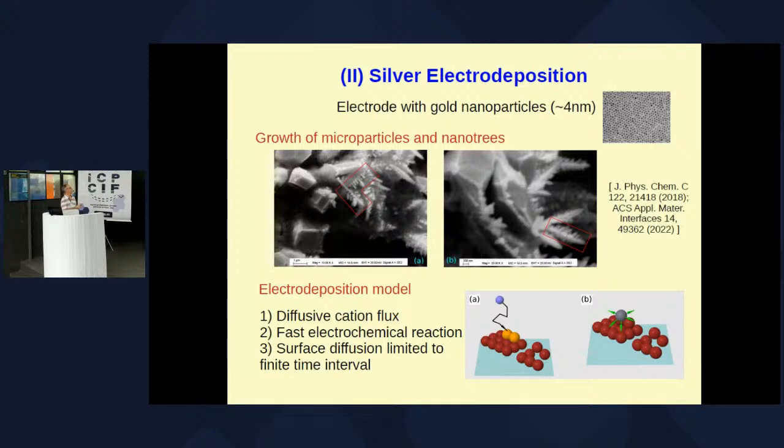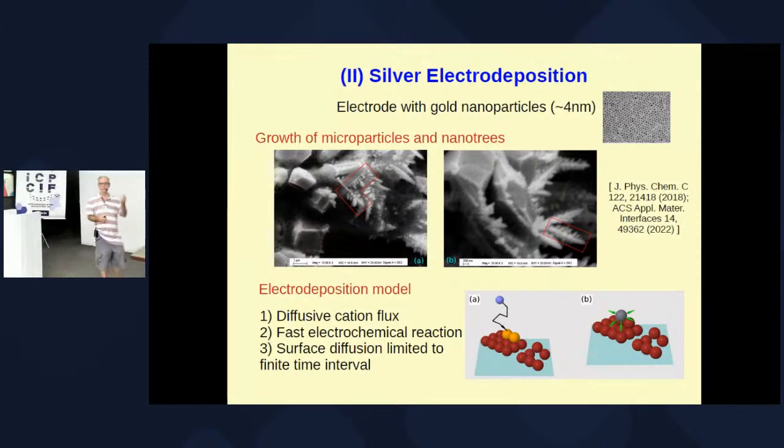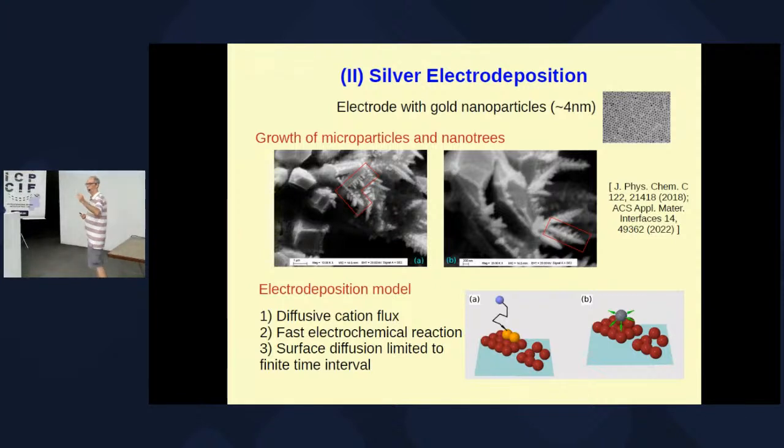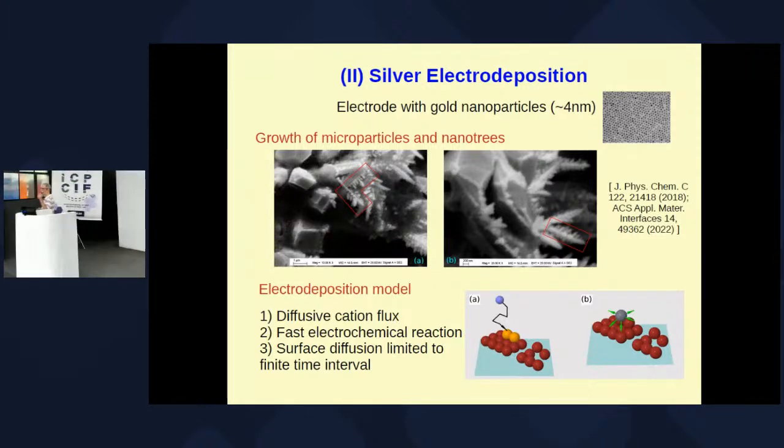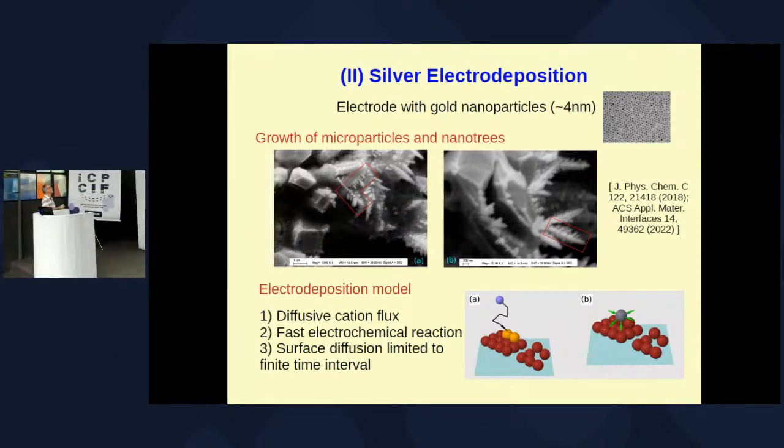The faces have typical widths of 1 micrometer, and at the late stages of the electrodeposition, from the edges and from the corners of the microparticles, some branched structures appear, some dendrites with the shape of pine trees, like this one. This one is also highlighted here.